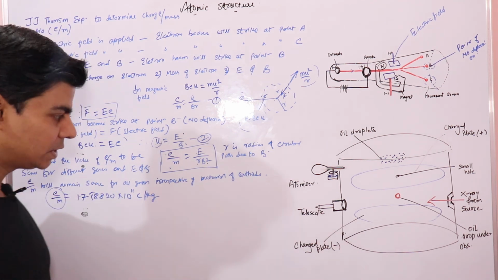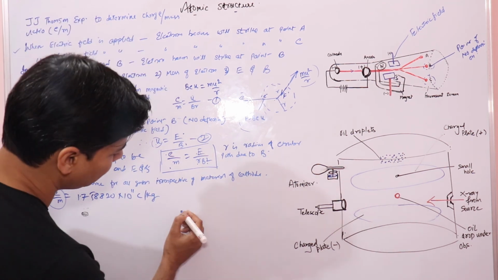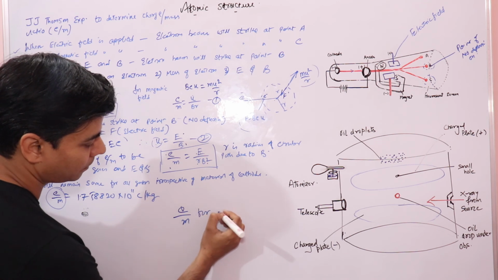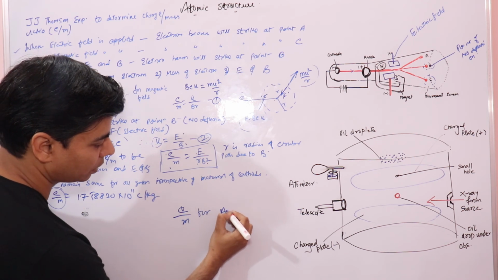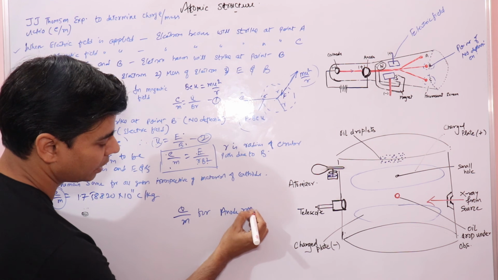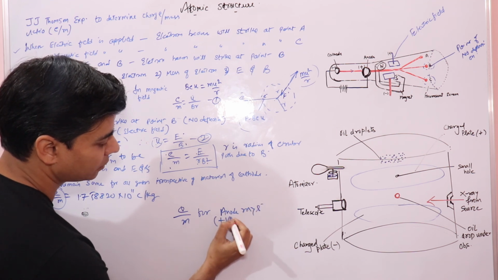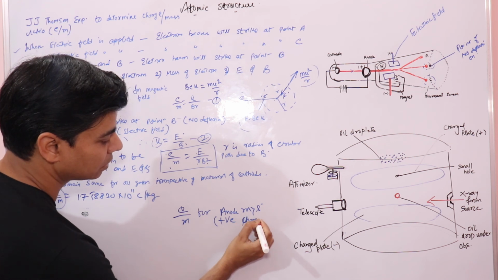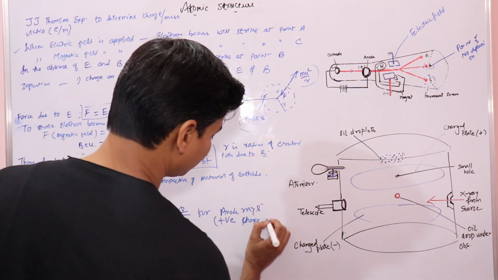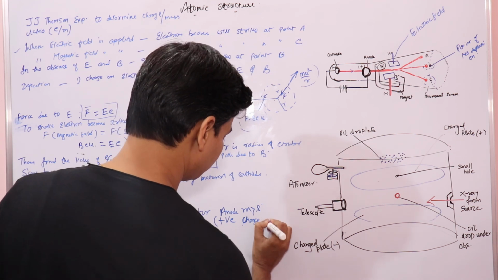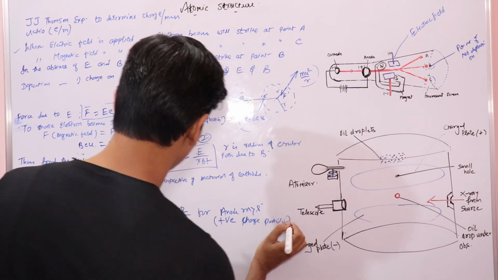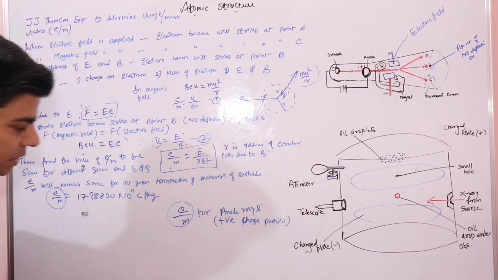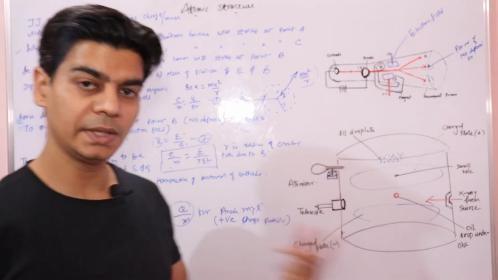Now if you remember, we have discussed this in previous lecture that e upon m for anode rays, or positive charged particles which are cations, is not same like that of electrons. So e upon m for positively charged particles would depend on the nature of the gas.